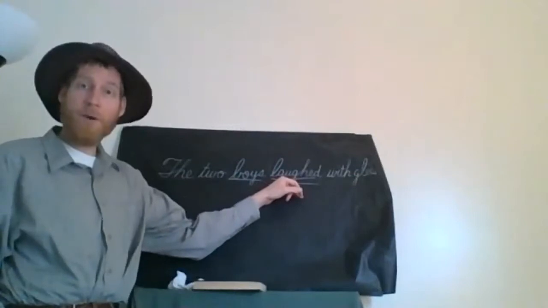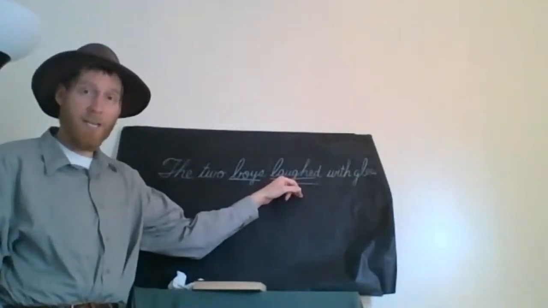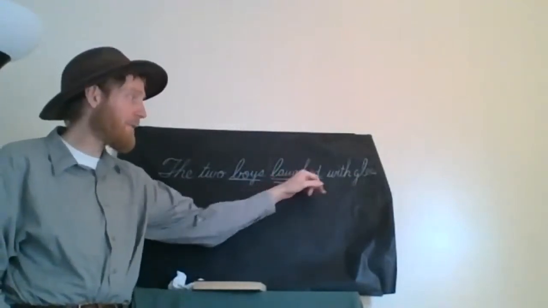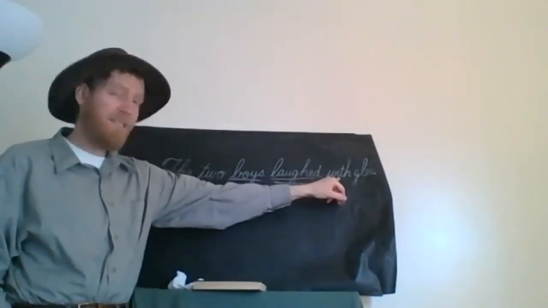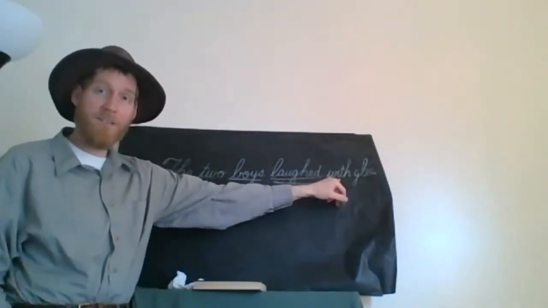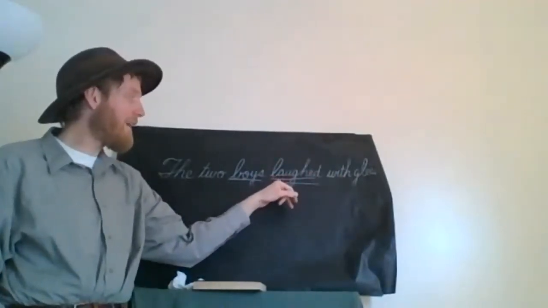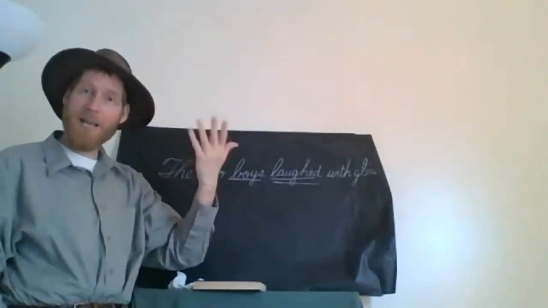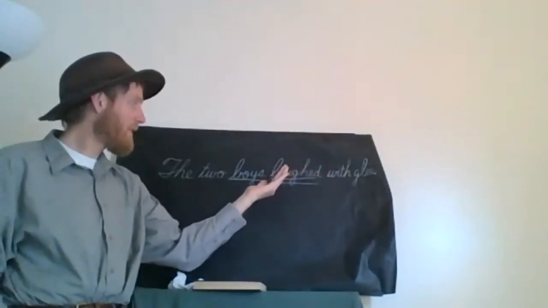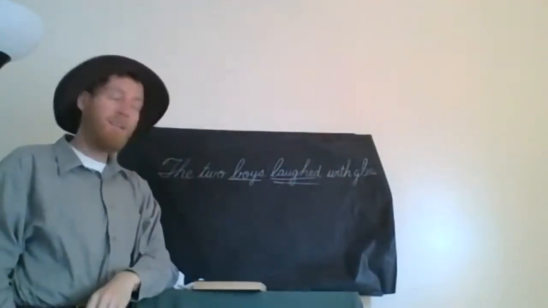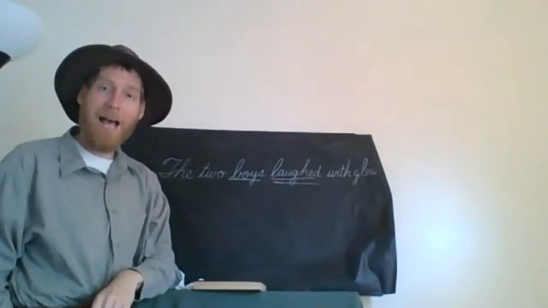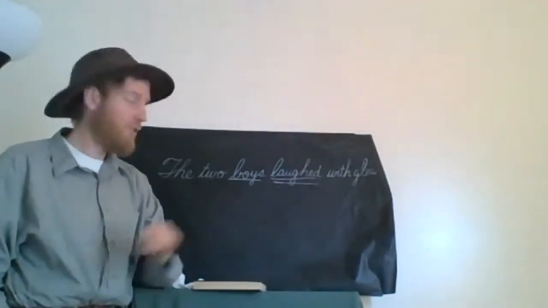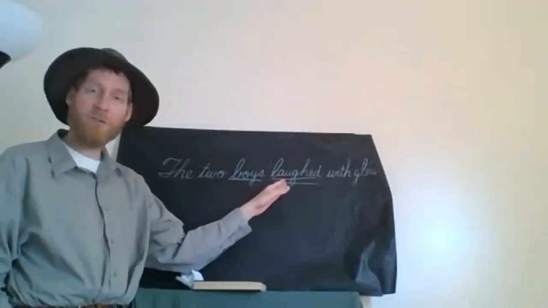Laughed could have a modifier. We said laughed loudly, laughed gaily, laughed with glee. I won't go into that, right, because there's a preposition there. But laughed, how did they laugh? If we said the two boys loudly laughed, then loudly would be a modifier describing laughed.